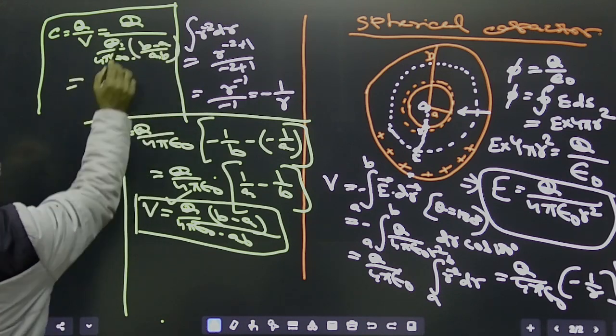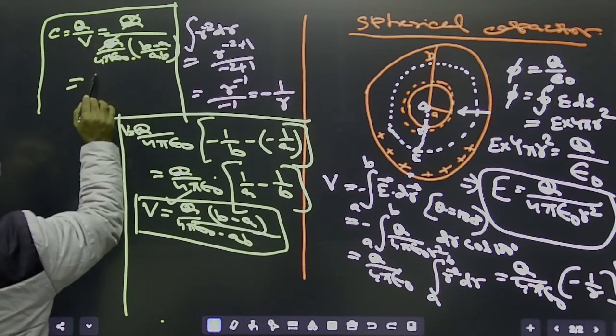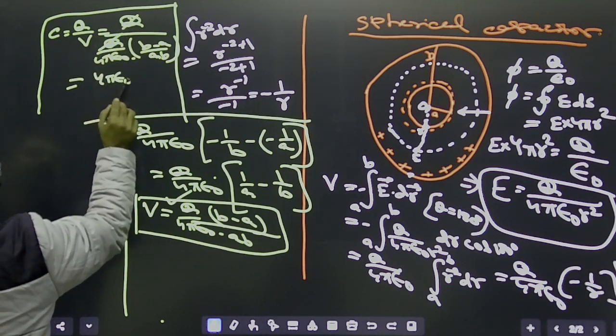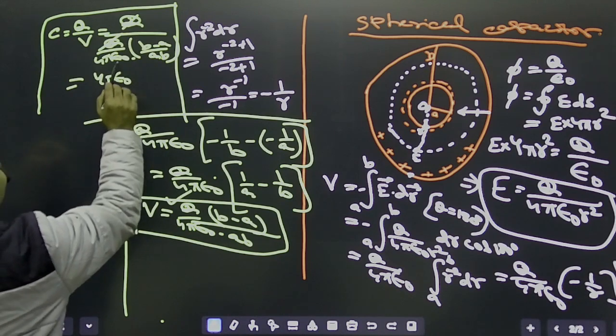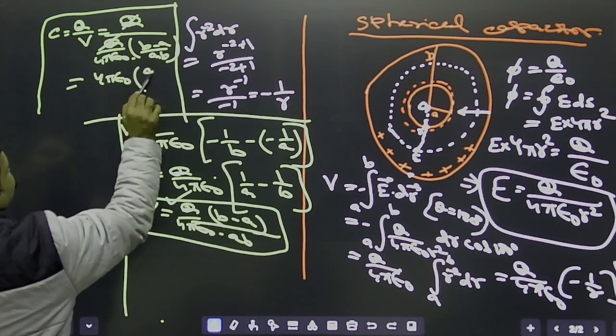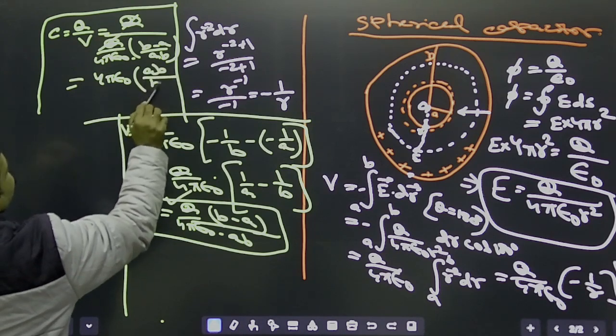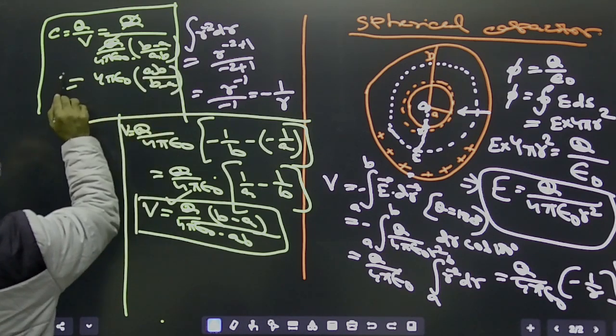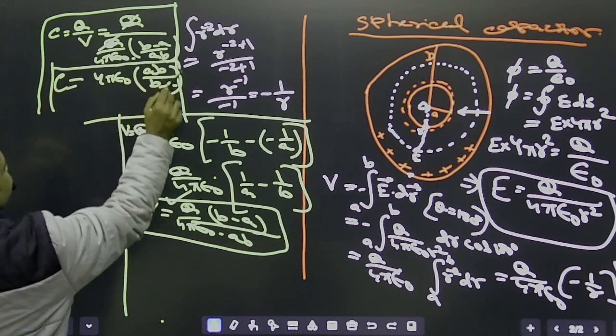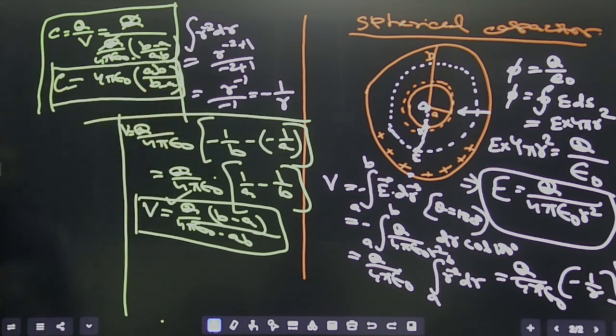Here Q cancels out, the denominator goes to the numerator and the numerator is interchanged, so C equals 4 pi epsilon naught times AB upon B minus A. So this is the derivation for the capacitance of a spherical capacitor.